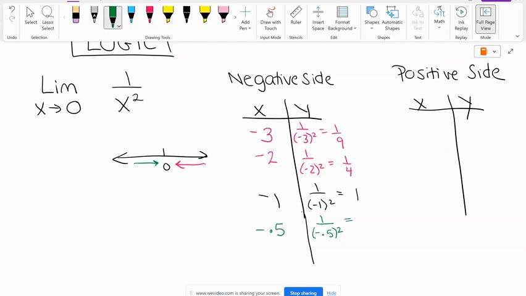Let's do a fraction. This is 1 divided by negative 1 over 2 squared, right? So this is going to be 1 divided by 1/4. Do we agree? Keep, change, flip.